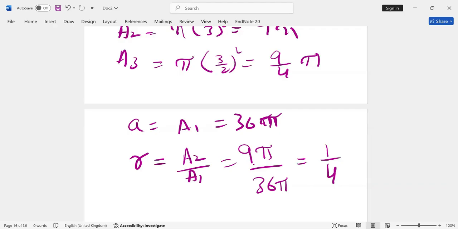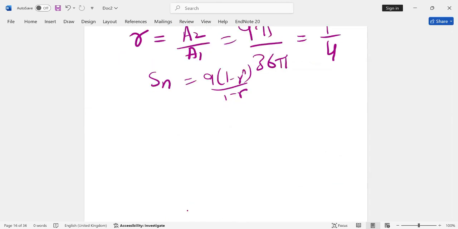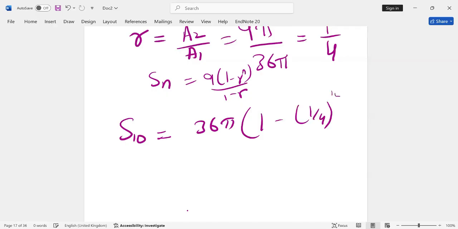Since the modulus of r is less than 1, the series converges, but we only need the sum of the first 10 terms. We use the formula Sn equals a into 1 minus r to the n, divided by 1 minus r. So Sn equals 36 pi into 1 minus (1 by 4) to the power 10, divided by 1 minus 1 by 4.